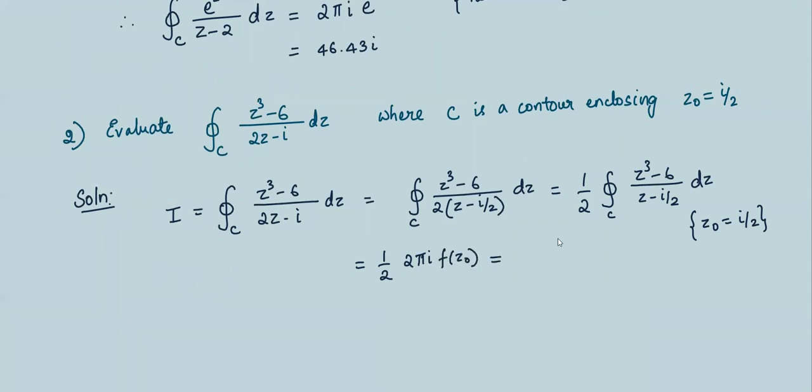What is f? The numerator, z cube minus 6. So you get pi times I into z cube minus 6 for z equal to I by 2. So pi I into z cube is I cube by 8 minus 6.